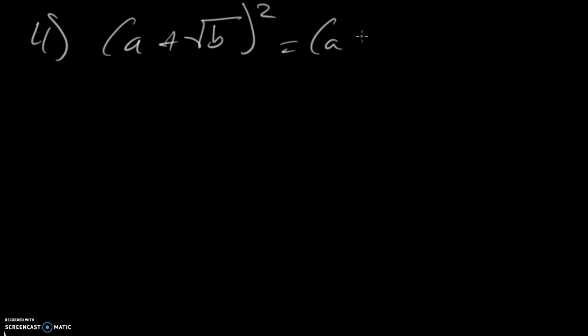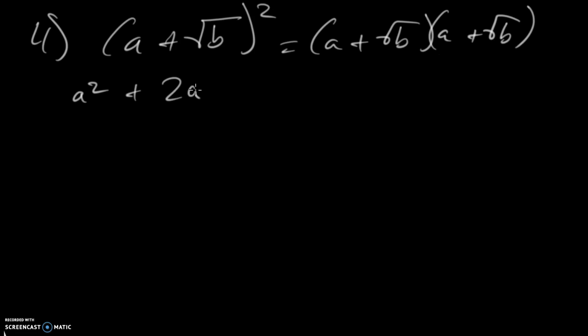So rule number 4. (a plus root b) squared gives us (a plus root b) times (a plus root b) to give us our answer of a squared plus 2a root b plus b.